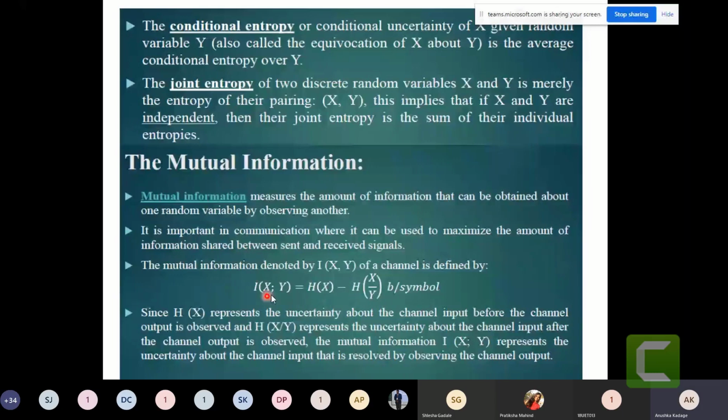But if I am now stating the equation of I of Y semicolon X, that means I am seeing first the receiver end, and from the receiver end we are observing towards the transmitter end, and that equation of I of Y semicolon X will come out as H of Y, because here first the received uncertainty has to be seen, minus H of Y by X, because after the transmission is done, the reception we are going to observe, and that's how these two values will become equal.